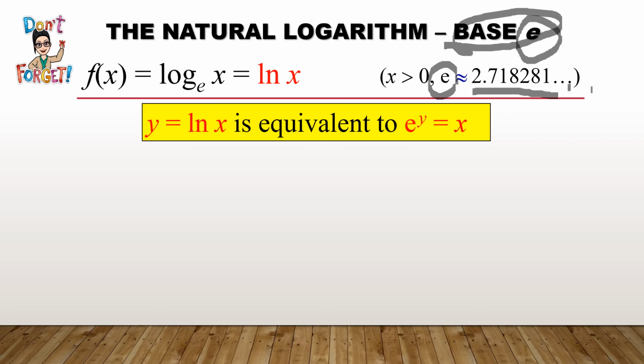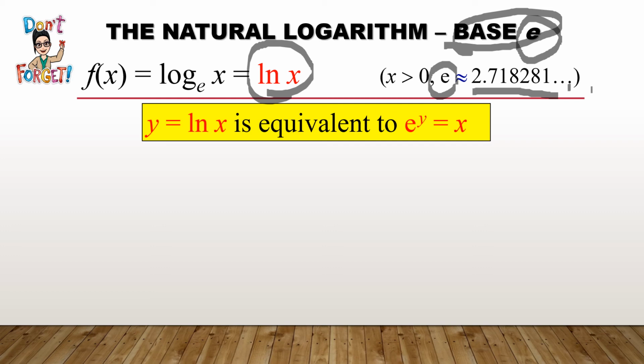So f of x is equal to log of x to base e, which is equal to ln x. Again, this is not 1, this is ln x, ln. So we have base e, we have ln, we have base 10, and so on. Introducing to you your new friends: base e, base 10 logarithm, and this time we have ln.